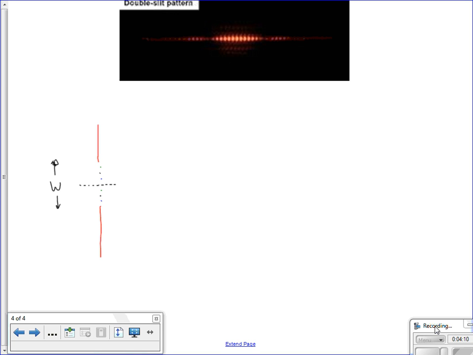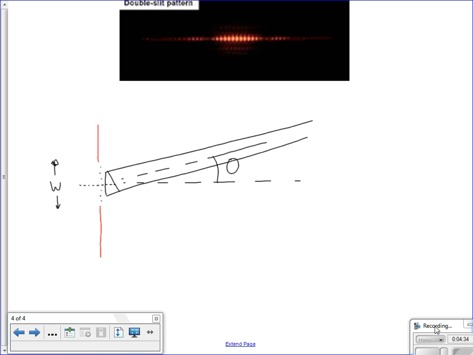If I take the black ones, waves from this might go like this, and waves from this might go like that. We can do the same trigonometry and geometry that we did before. There's this angle theta that shows up right here also, and there's some little path length difference from each of those places in space.